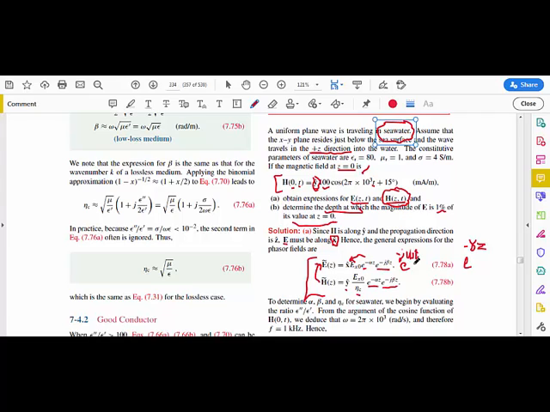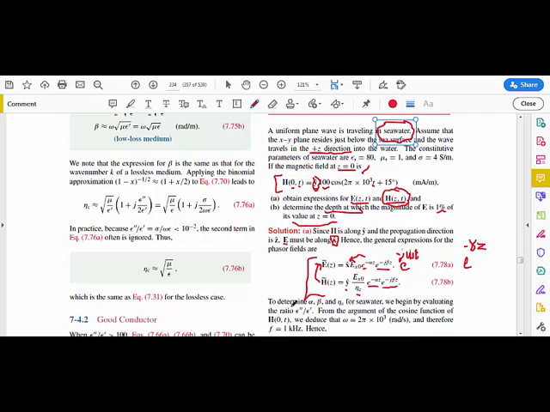Before we do that, we need to know the unknown values. For example, for Ex naught we need to know the amplitude, and we need to know alpha, beta, and the intrinsic impedance, to write the complete expression for the electric field and magnetic field at any z and any t, the general one.